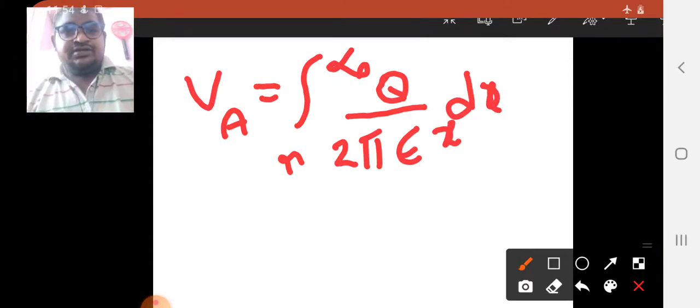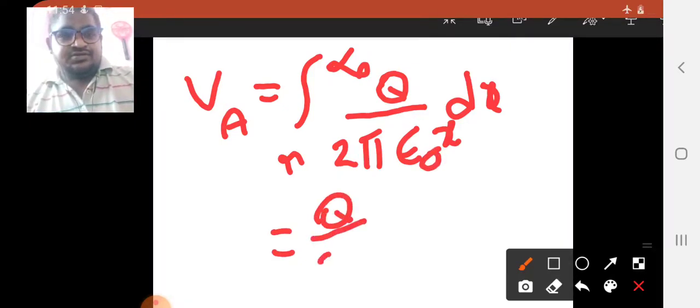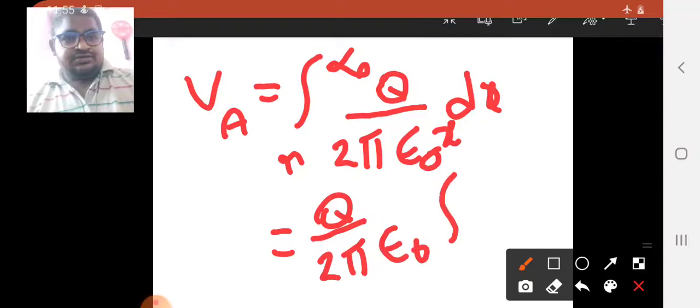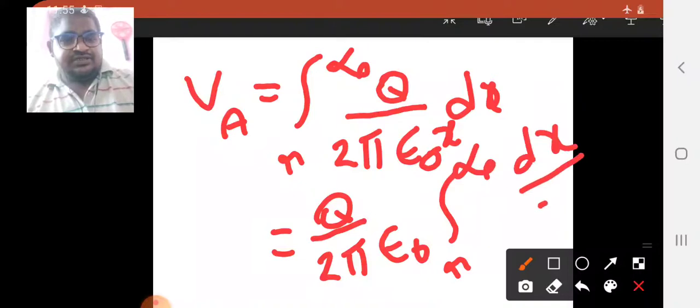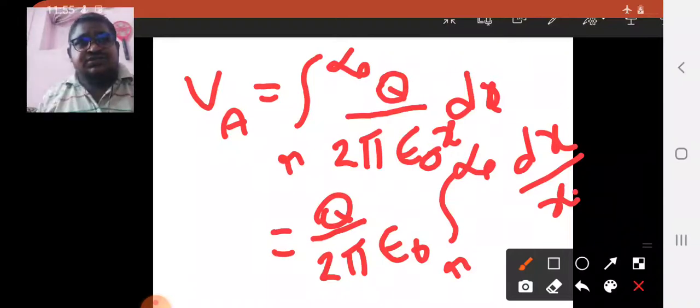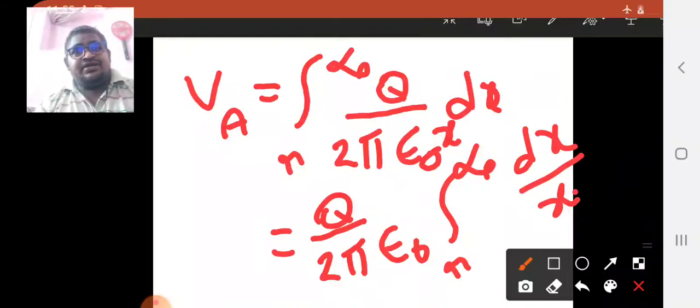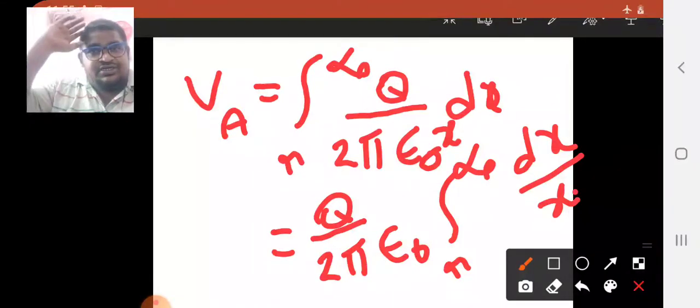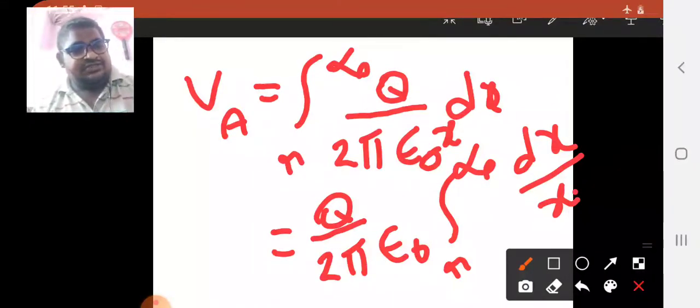Or you can also write VA is equal to, taking epsilon naught common, Q by 2 pi epsilon naught integral R to infinity dx by x. This equation represents the potential difference between conductor A and infinity distance, that is the neutral plane. Let us assume the neutral is at infinite distance.